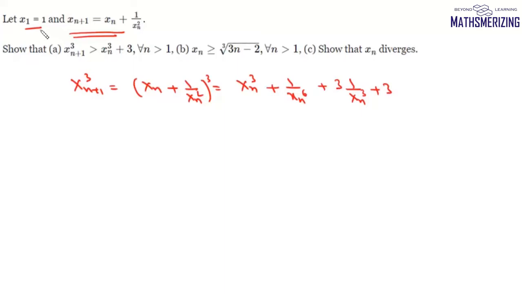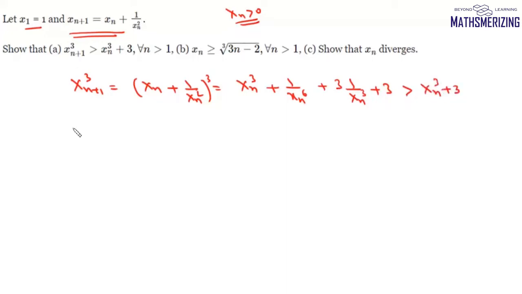Now since x1 is equal to 1 and xn plus 1 is given by this recursive relation, we can say any xn is greater than 0. And if xn is greater than 0, then xn cube plus 1 upon xn to the power 6 plus 3 upon xn cube plus 3 will always be greater than xn cube plus 3.